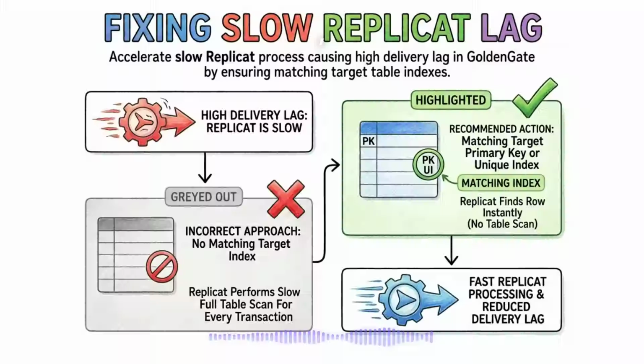To manage these long-running uncommitted transactions before they exhaust your server memory, you should configure the warnlongtrans parameter inside your extract parameter file. This parameter allows you to specify a time limit, such as 24 hours, after which GoldenGate will automatically write a warning message to the GGSERR log file identifying the offending database user.